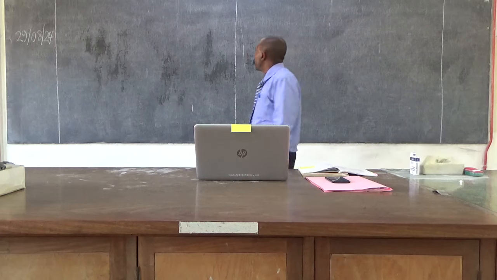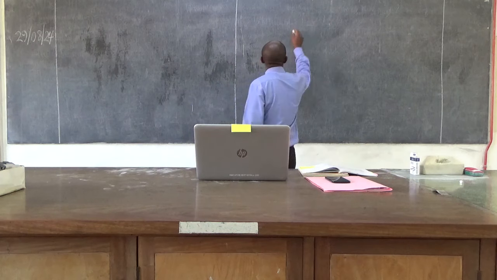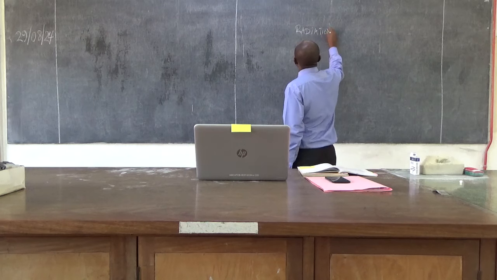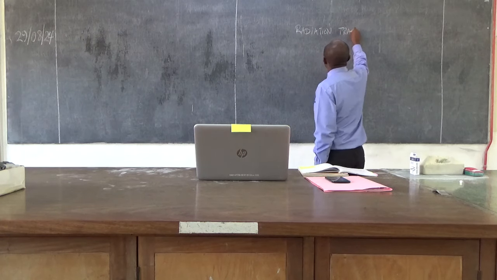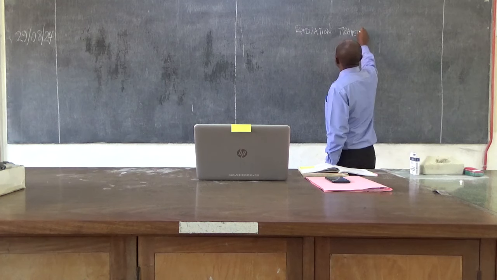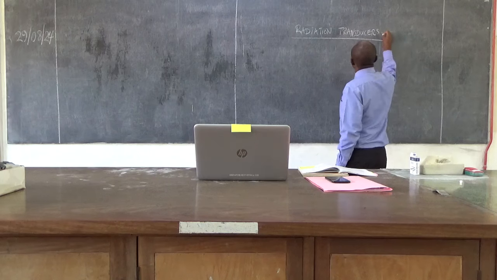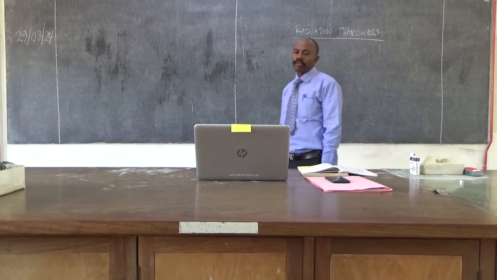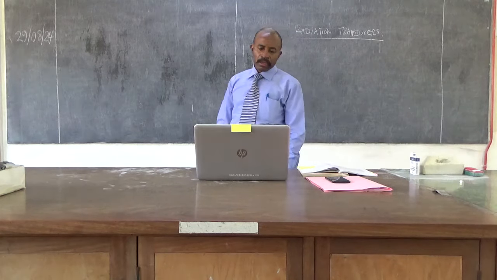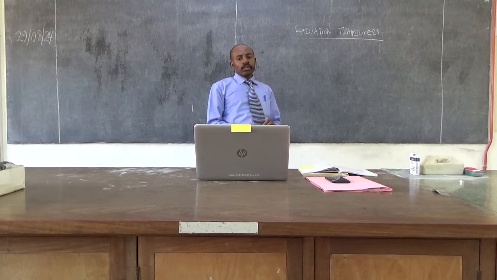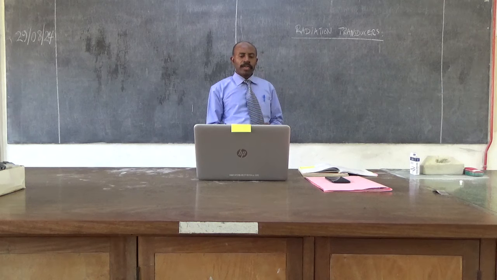So we start with today's lecture. We start with radiation transducers, and that is lecture 1 in a way. So I'll summarize, and then you can make your full notes in your free time from there.